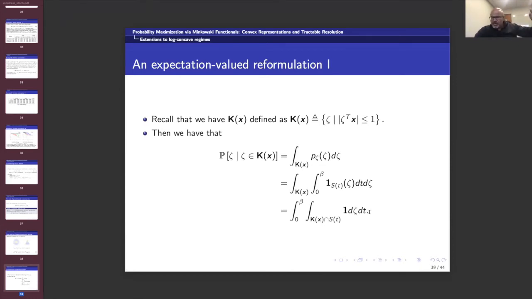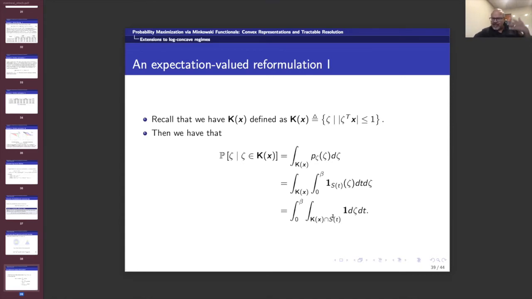If you remember what we had before, when we had a uniform distribution over a suitably specified set, we had the integral over K of x of 1 times d zeta. Now, when you've got the more general log concave density, you've got a double integral. And instead of K of x, you replace this with K of x intersection S of t. And this S of t represents the super level set.